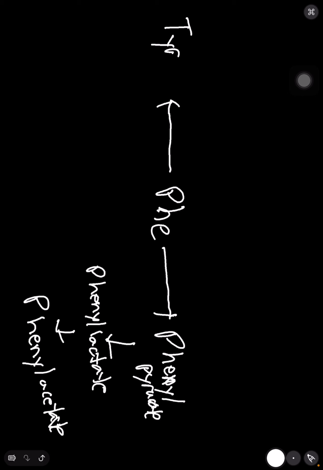It can't be flushed in one form, but it can be flushed in another form. Well, phenylalanine, when it's converted into either tyrosine or phenylpyruvate, both of those processes are enzyme dependent. Conversion into tyrosine is dependent on an enzyme called phenylalanine hydroxylase.